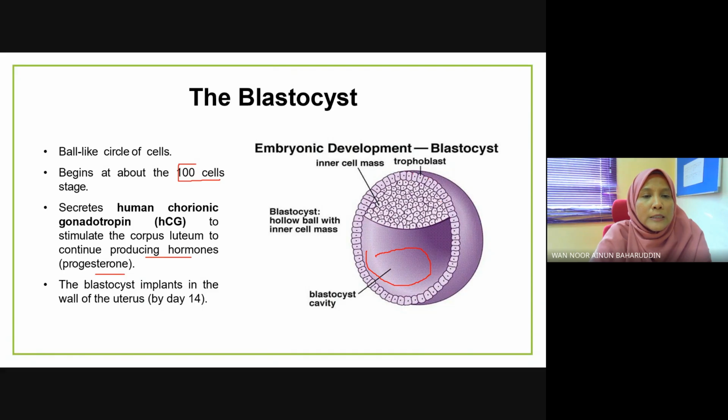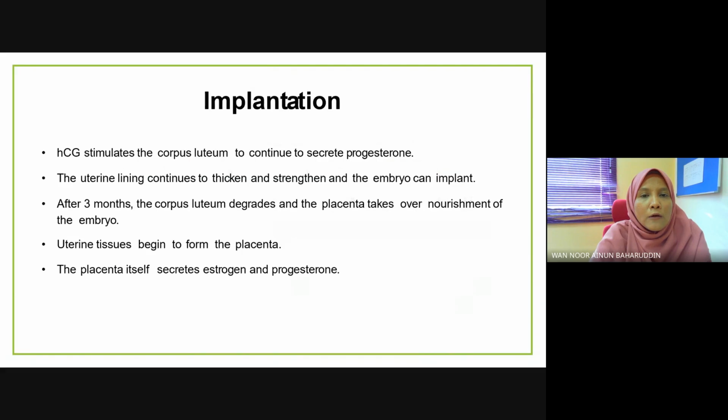And then the blastocyst implants in the wall of the uterus by day 14, almost 2 weeks of gestation. So the blastocyst starts to implant, or attach, to the wall of the uterus. Implantation. The HCG will stimulate the corpus luteum to continue to secrete progesterone.